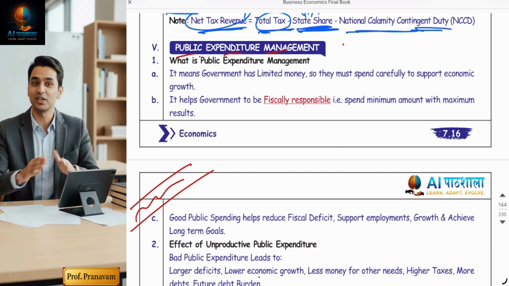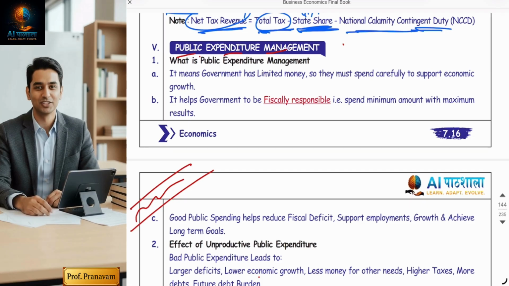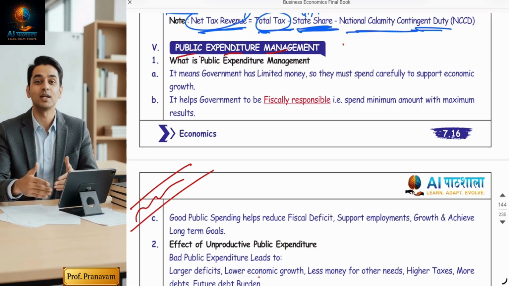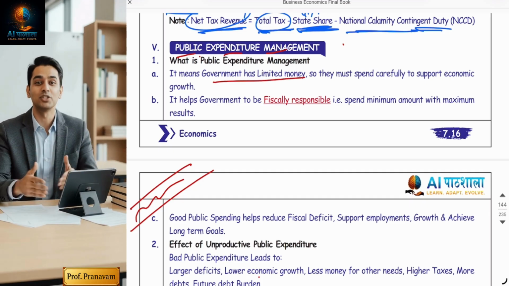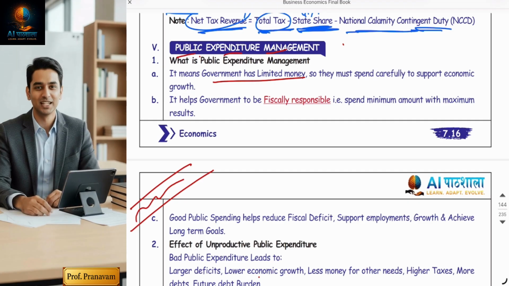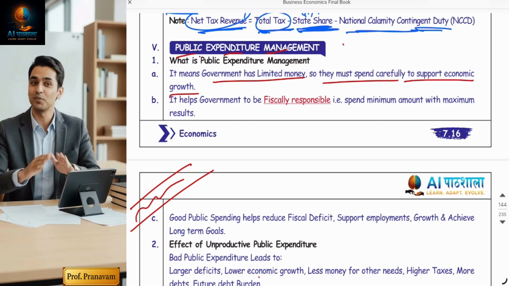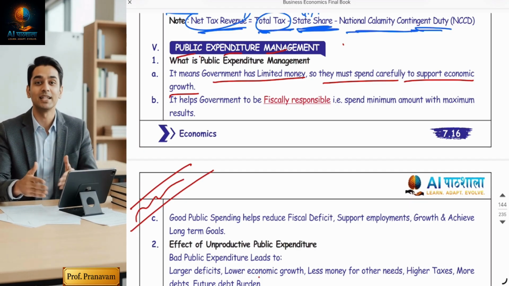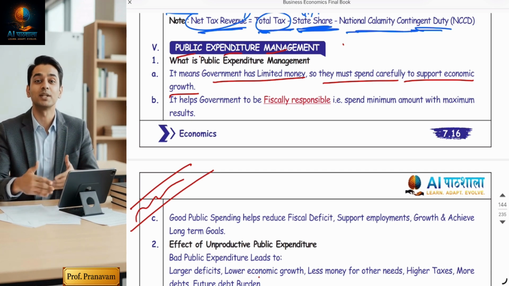So public expenditure management makes the government fiscally responsible. So let us understand it in a channelized way. What is public expenditure management? It means the government has limited money, so it must spend carefully to support economic growth. The money should not be wasted. It should always be spent on productive expenditures and unproductive expenditures should be avoided.